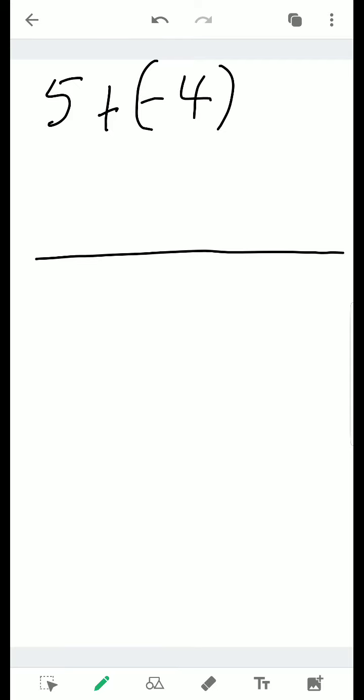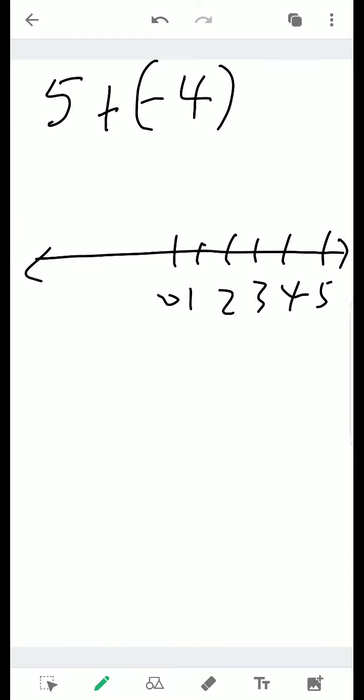So let's say we have 5 plus negative 4. If you draw your line, you have, let's say, 1, 2, 3, 4, 5.